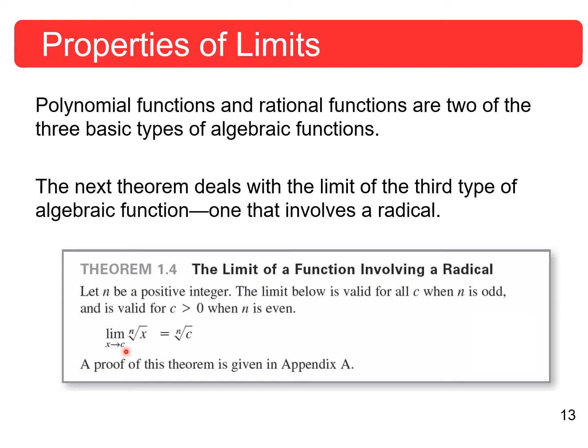So this c must be positive, and n must be a positive integer greater than 1. In that case, the limit of the nth root of x as x approaches c is just equal to the nth root of c. Therefore, direct substitution would also hold for radical functions.